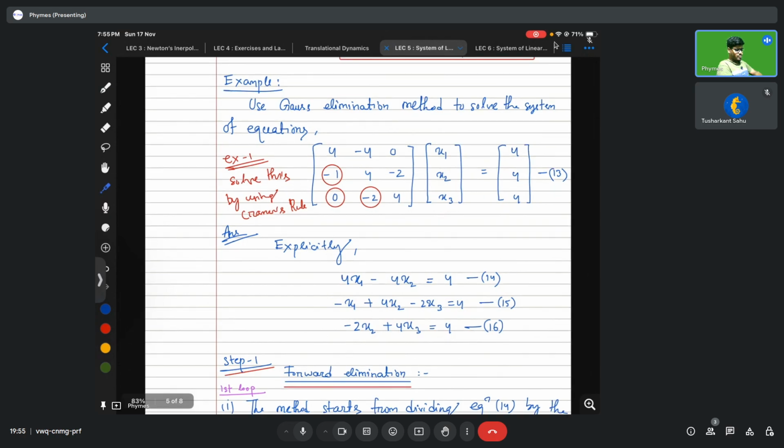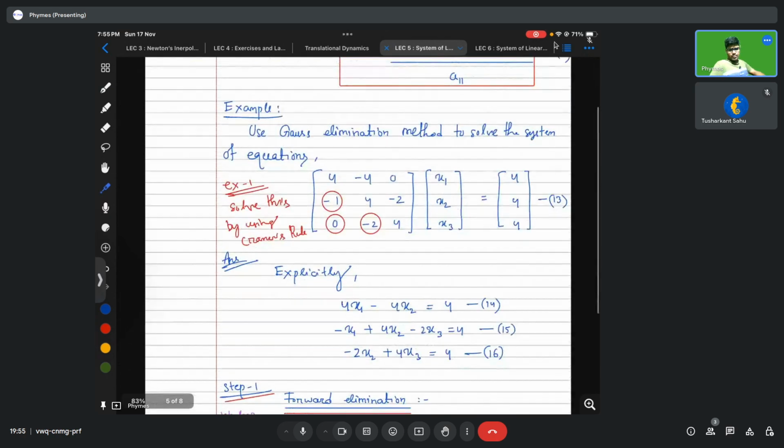So in the first step, forward elimination, what we are trying to do is eliminate all these elements. We want to make them 0. This element is already 0.